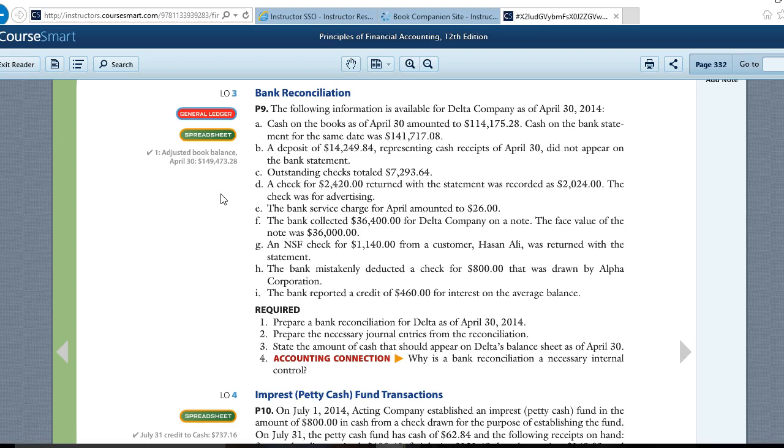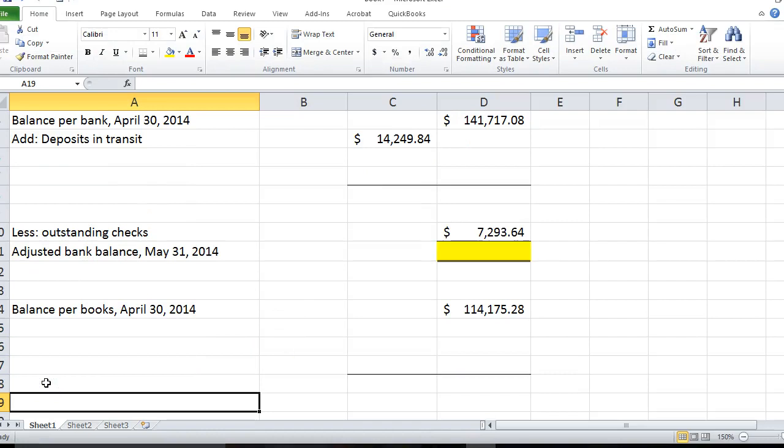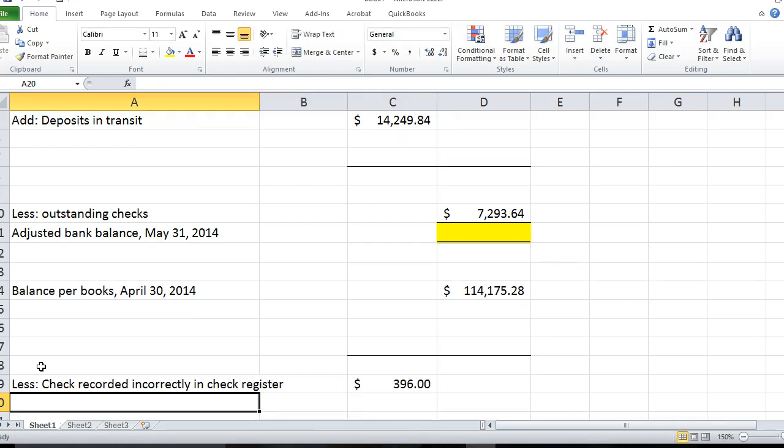Any ideas? $396. Our book balance doesn't have enough reduced. So we are going to show less check recorded incorrectly in check register of $396.